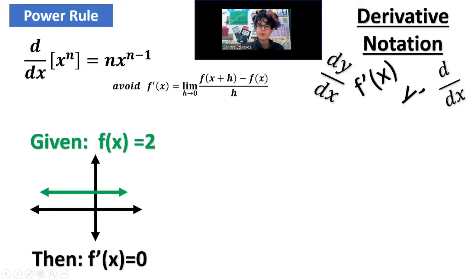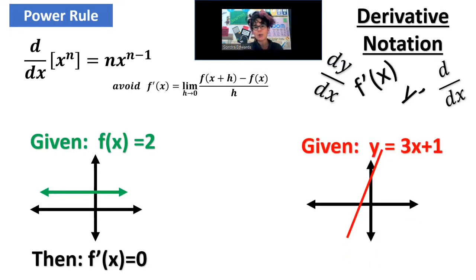So the derivative of a constant is always 0. And then if something is linear, no matter where you are on that line, the slope is the same as the slope of the line. It is faster just to understand that you're dealing with a horizontal line or a slanted line, because finding the derivative is even faster than using the power rule.